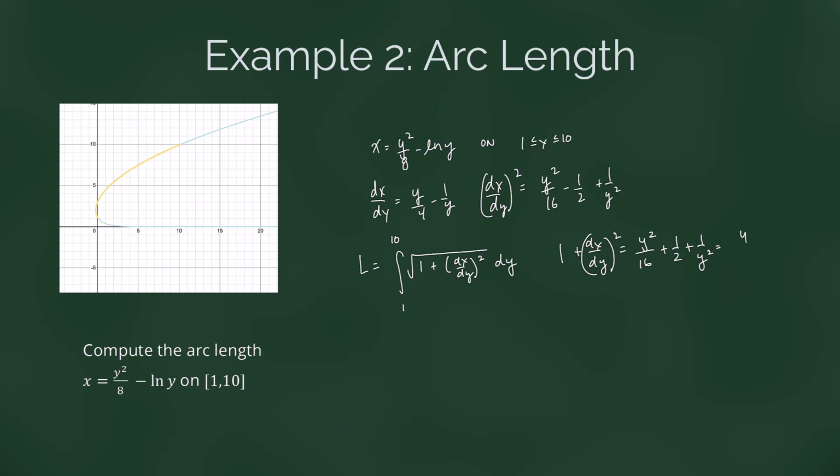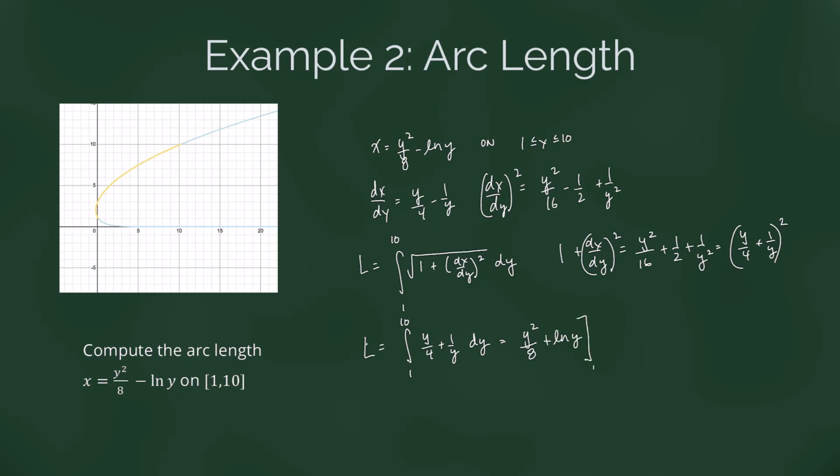As in our previous example, this is a perfect square trinomial, and it factors as y over 4 plus 1 over y, squared. Because all of our y values are positive on the interval in question, we can write our integral without the square root and without the squared, so we get that the length is the integral from 1 to 10 of y over 4 plus 1 over y dy.